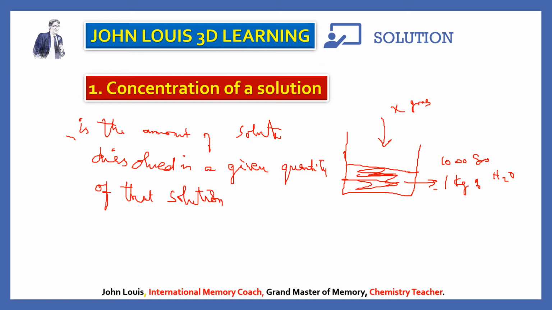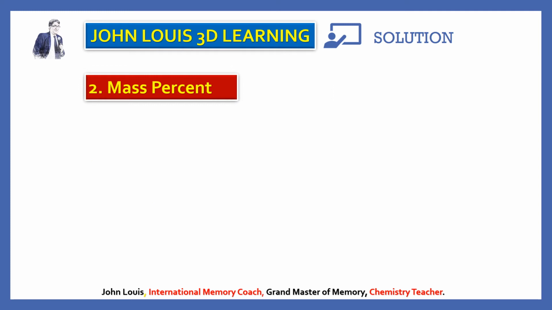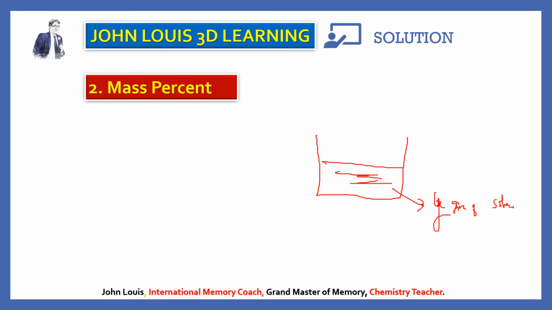Now let us try to understand the two different forms of expressing the concentration. What is meant by mass percent? For example, if you take y gram of solvent and you are dissolving x grams of solute, what is the sum of the mass of solute and solvent? x plus y.